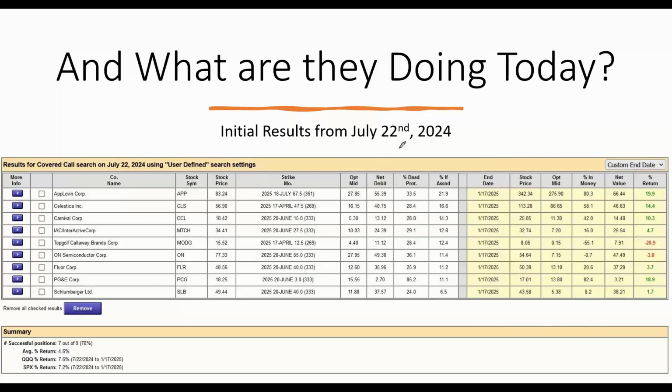But what haven't we seen? Here's the key. The App Loving position at 83.24 with a July 67.5 strike, in the money naturally. 33% downside protection, 22% if assigned. The stock's moved up from 83.24 to 342.34.